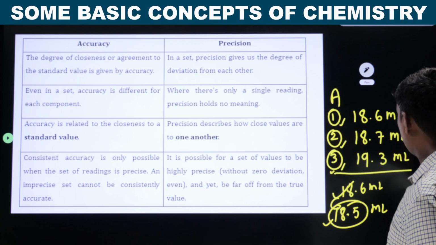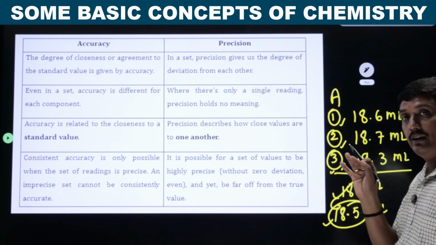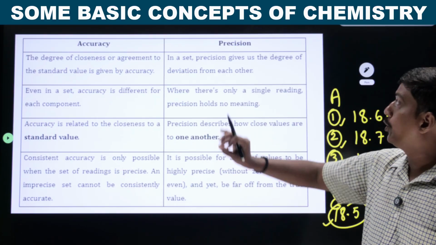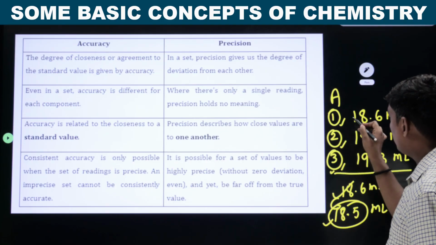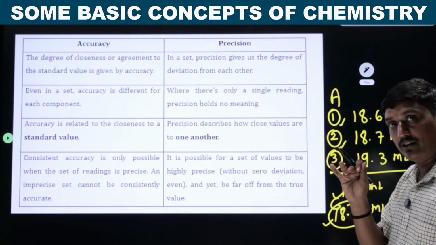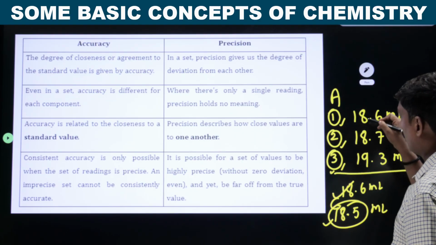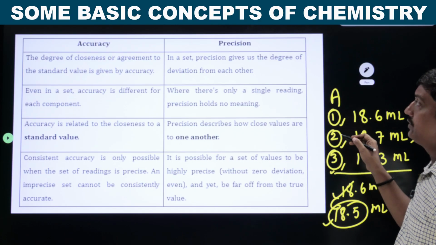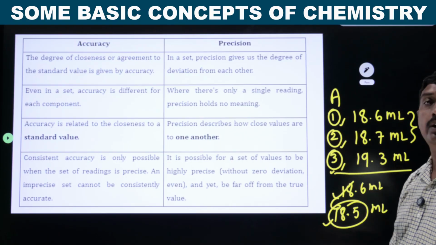Then these two values, 18.6 and 18.7 ml, are said to be the precision values. Why? These two values, from the experiment conducted by the student, are almost the same.